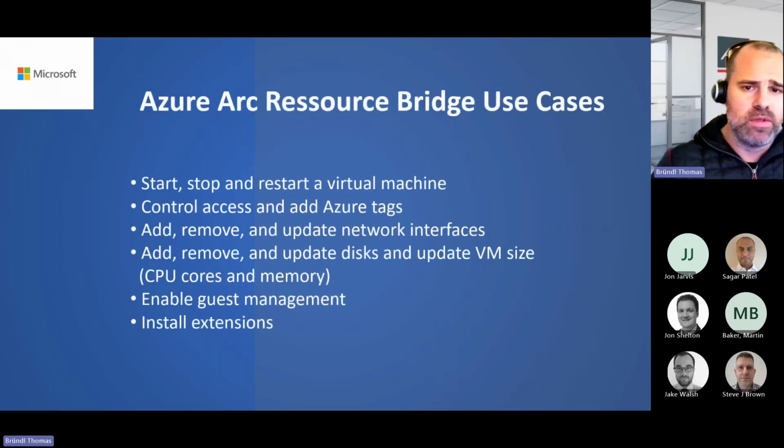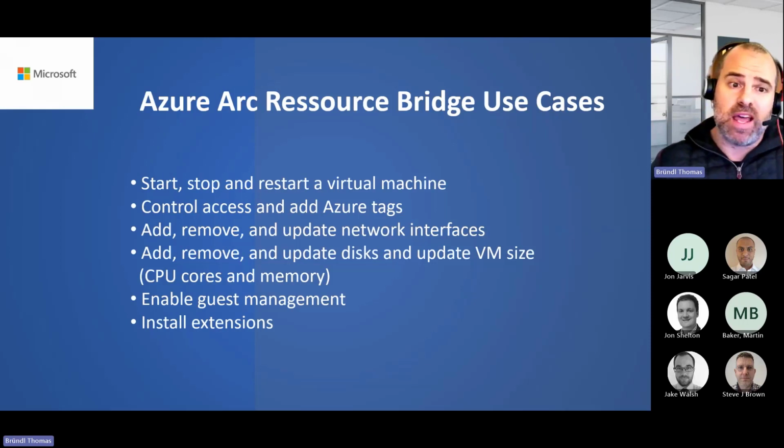So with Azure Arc Resource Bridge, you are able to start, stop and restart virtual machines from the cloud. That makes it possible that you create, for example, a role-based access model, and you can give your developers access to this part in the Azure portal, and they are able to deploy their infrastructure by themselves if needed.